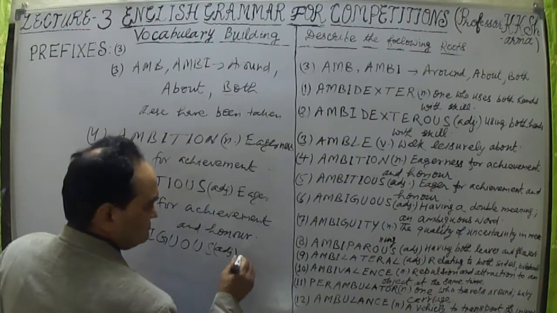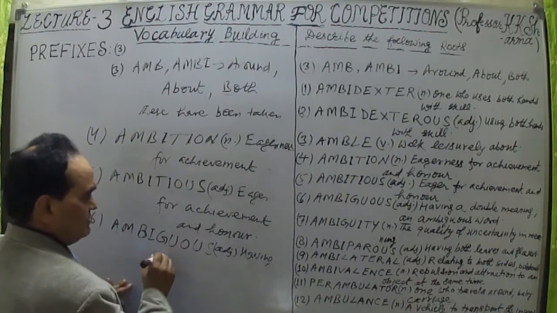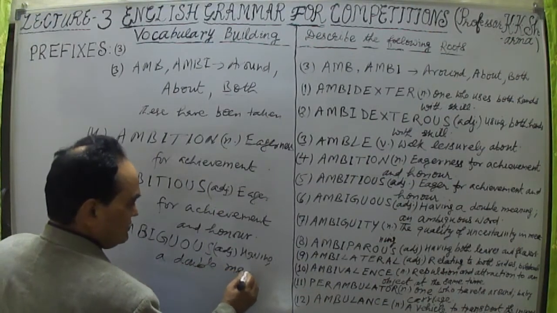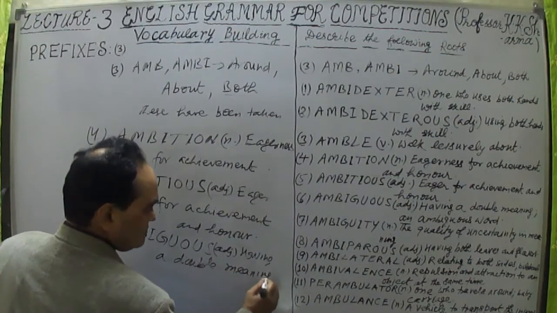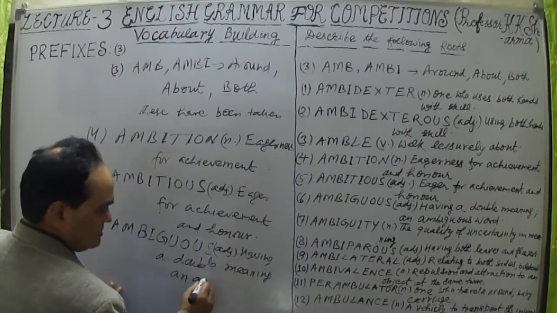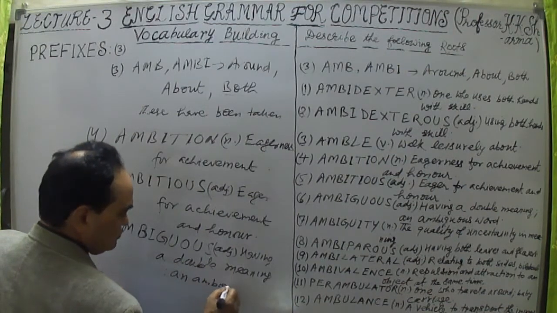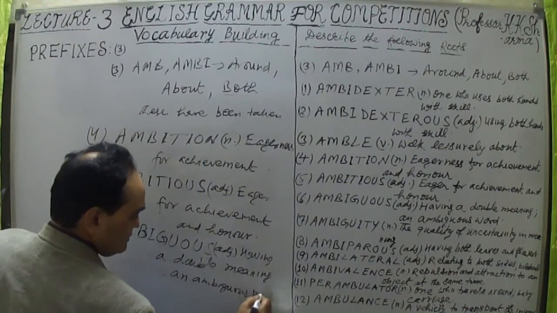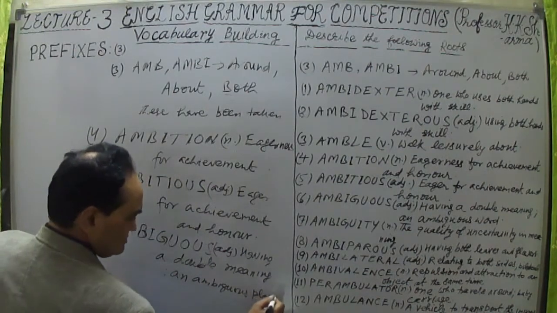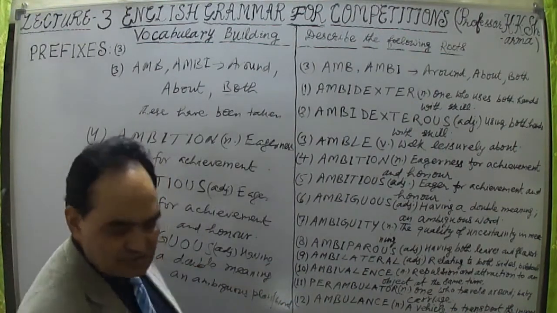They are very ambiguous persons. So it is an adjective, having a double meaning. For example, an ambiguous plan or scheme, an ambiguous word.